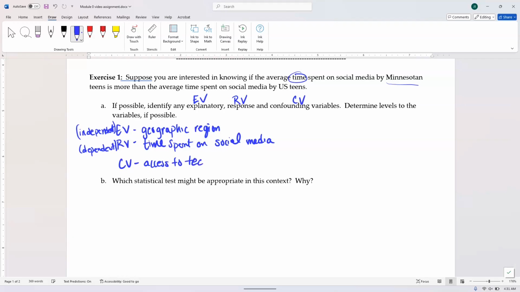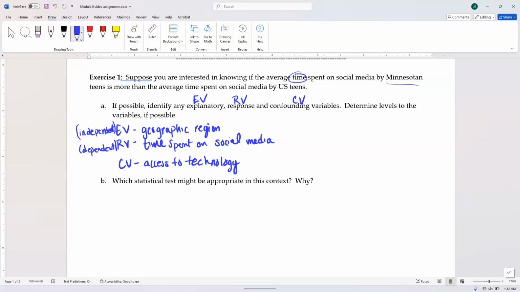Do they have a smartphone? Do they have a laptop or computer? Because that makes social media easier to access, right? So that's going to influence the time spent on social media. So it's something that's outside of the experiment as it's stated that could influence the results. Okay. So there's not one single answer for the confounding variable. This is my example. You could come up with many other things because there's many other things that could influence either of these variables.